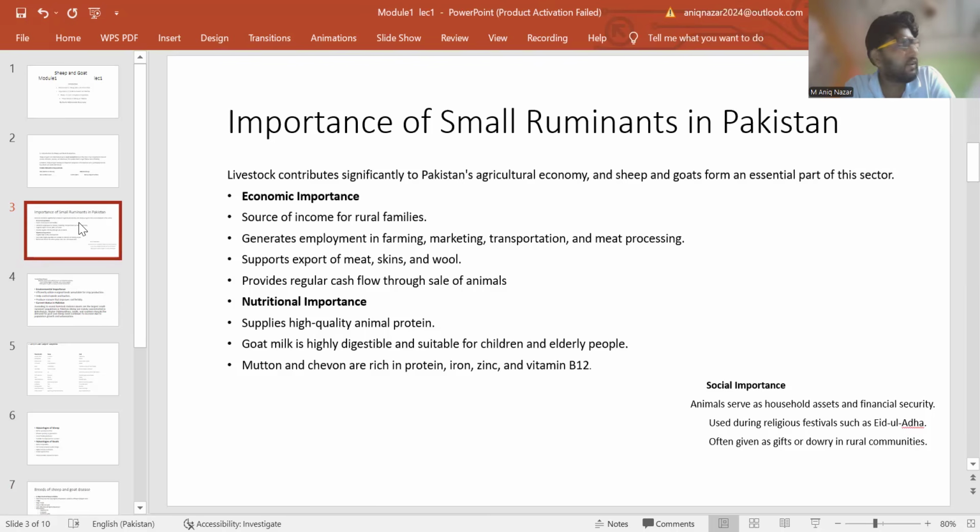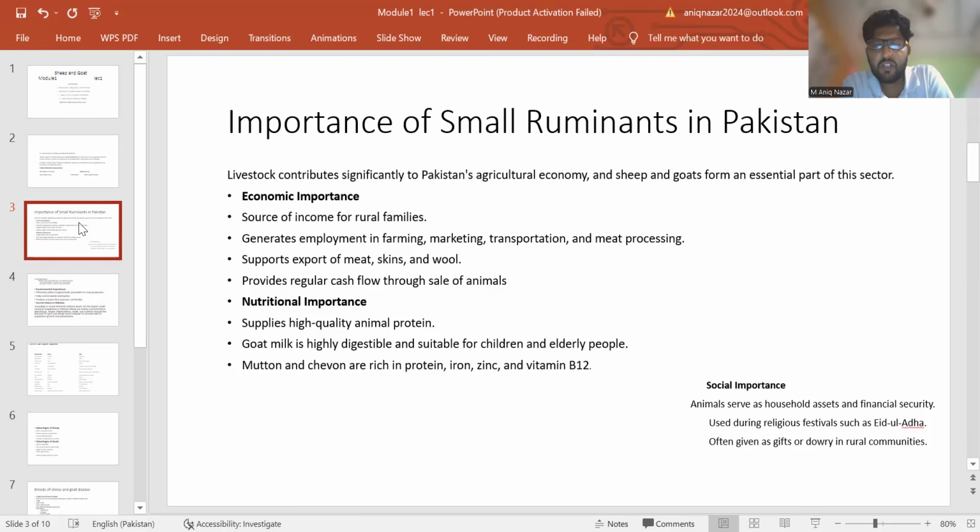So on every delivery there are two little goats, and in this way their production level is much higher, and farmers get much cash flow throughout this chain.